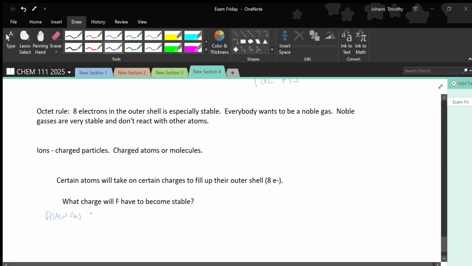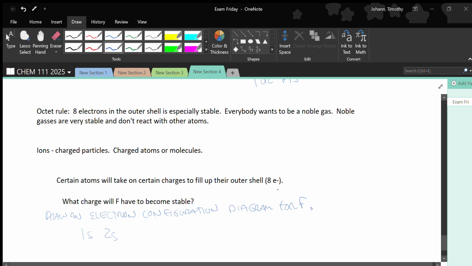Draw an electron configuration diagram for fluorine. That's going to be our 1s, 2s, etc., and you're going to put how many electrons are in each of those. Take a minute and draw it for fluorine.